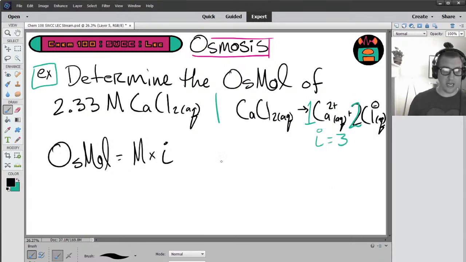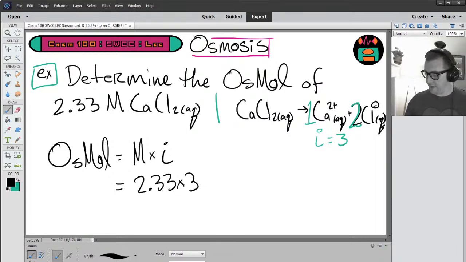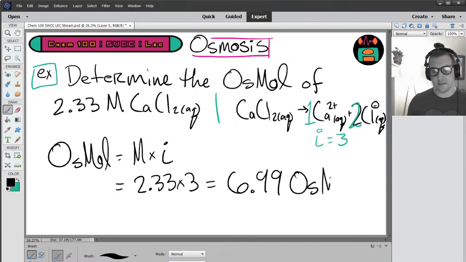So the osmolarity of 2.33 molar calcium chloride is 2.33 times 3, which if you can do that in your head, that's awesome. Wait, it's going to be 6.99, I think. Let's find out. 2.33 times 3 is 6.99. So we would say that this solution has 6.99 osmolarity.